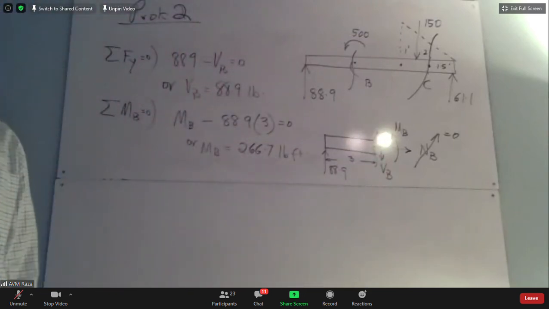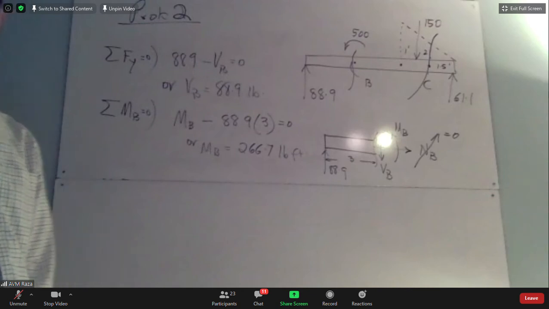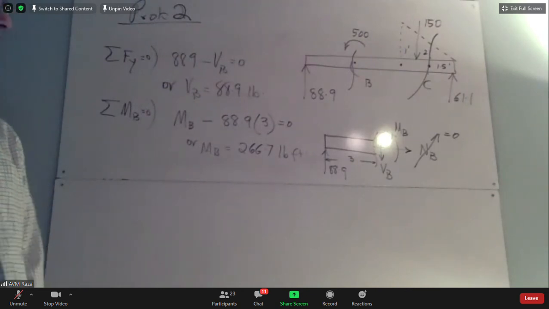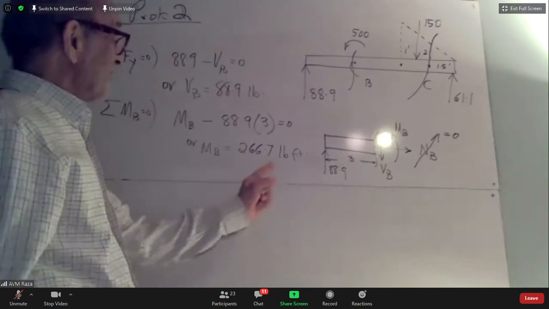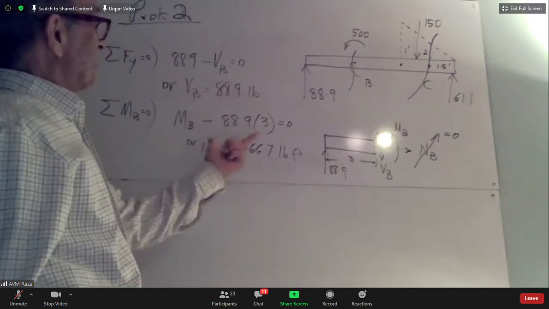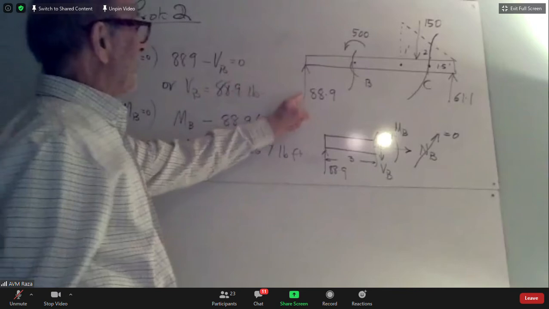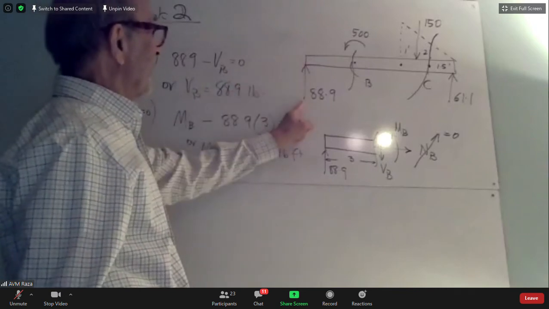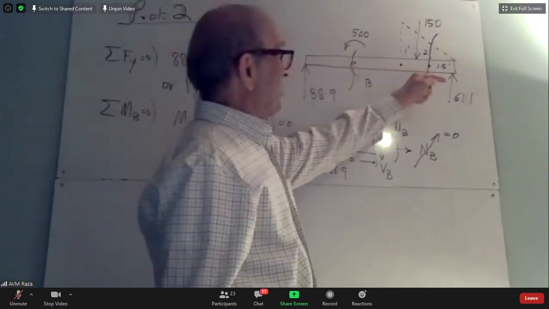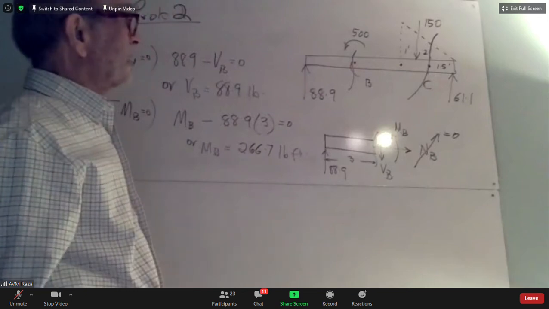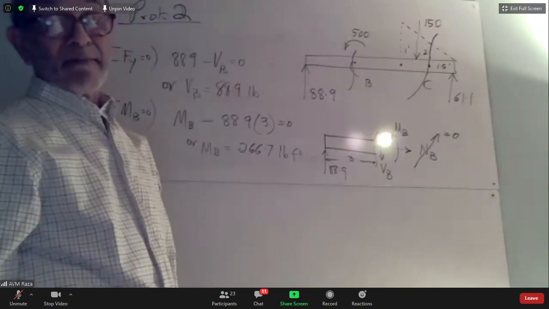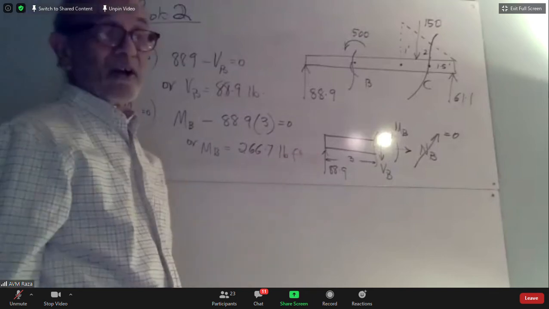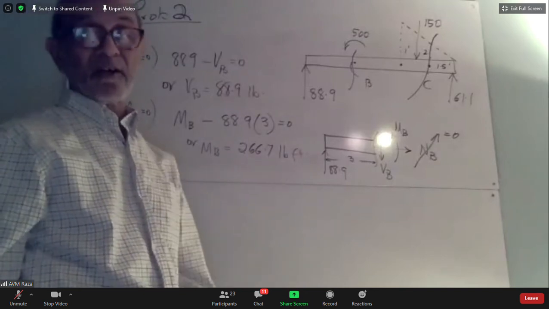Okay. And just to remind you, now that you reminded me of this, the sign convention for equations of equilibrium is that upward is positive, downward negative. Towards the positive x direction, positive, in the negative x direction, negative. And for moments, we have decided clockwise moments negative, counterclockwise positive.